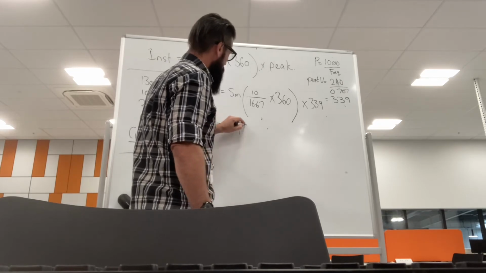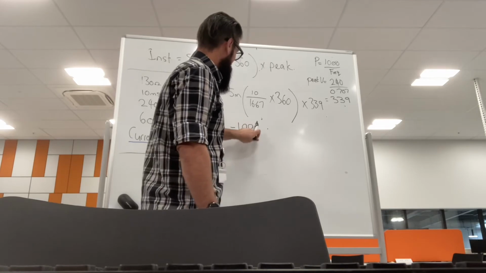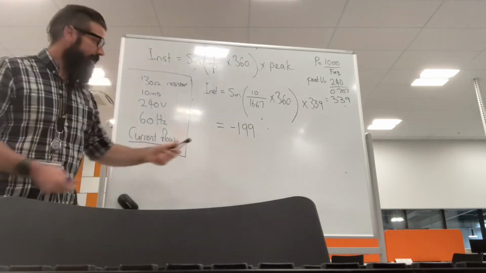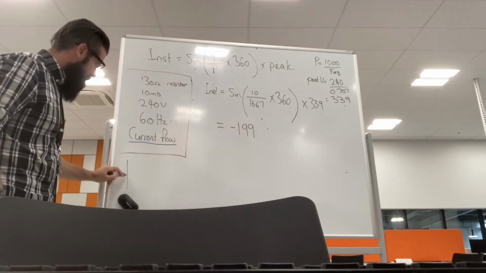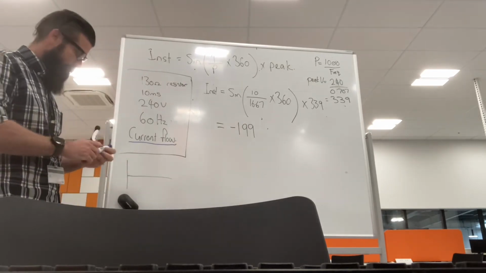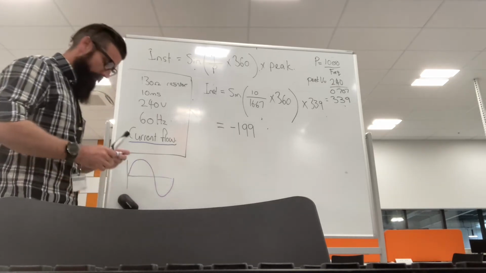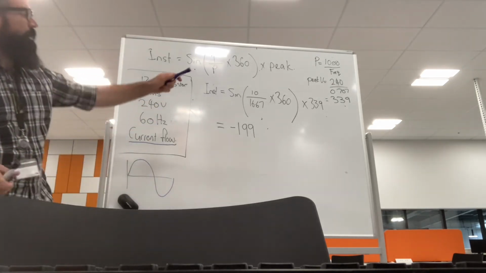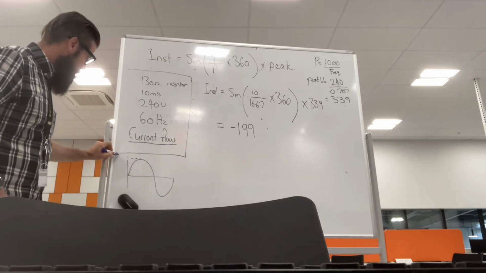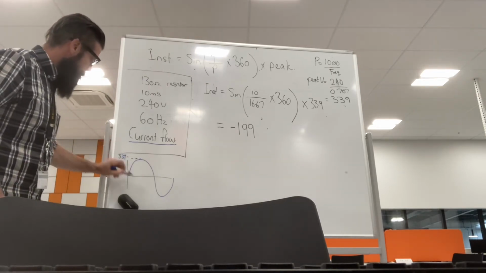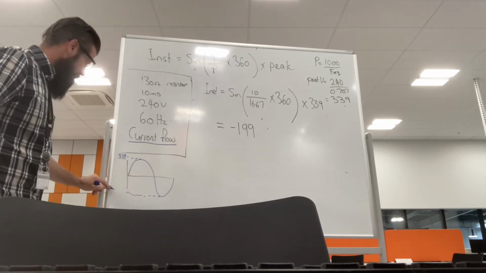Negative 199. We'll just go negative 199. So it's a negative number. It's come up with a negative number because if we look at our sine wave, if our peak is 339 volts, we're going to have 339 volts here, and we'll also have 339 volts here, but that'll be a negative.